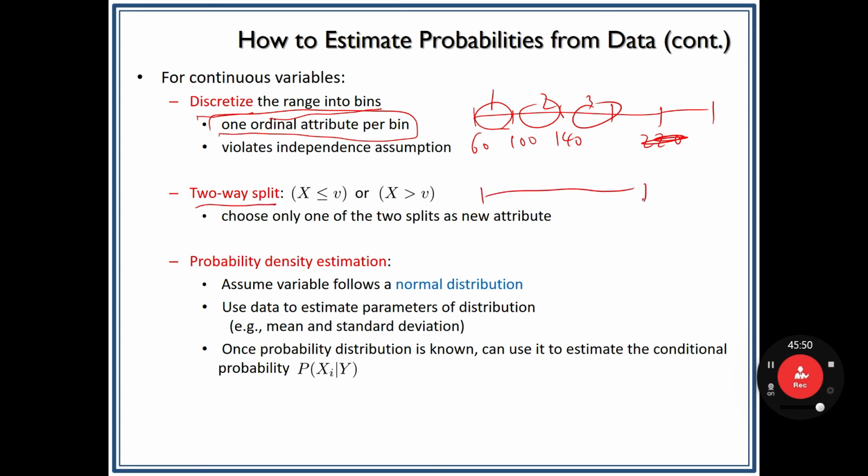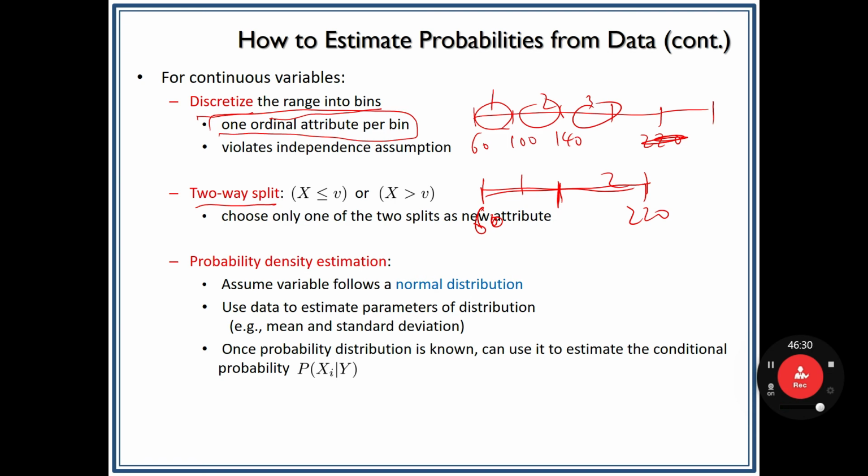So this whole range from 60 to 220 is divided into 2 parts around the median, and we assign ordinal values 1 and 2. We can discretize even more simply.